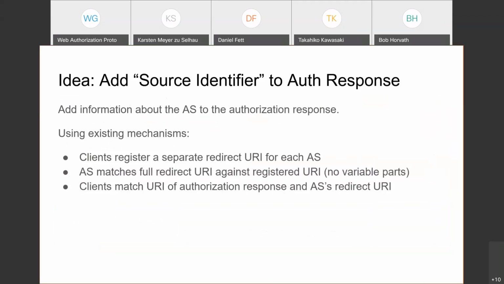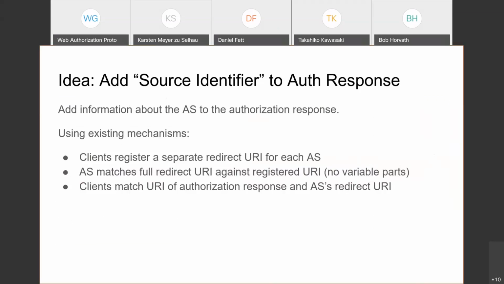Next slide, please. And the idea that was discussed also very early on is to add something that identifies the source of the authorization request to the authorization response, whatever that is. So with existing mechanisms, and this is the recommendation that we still give today, clients can do the following.